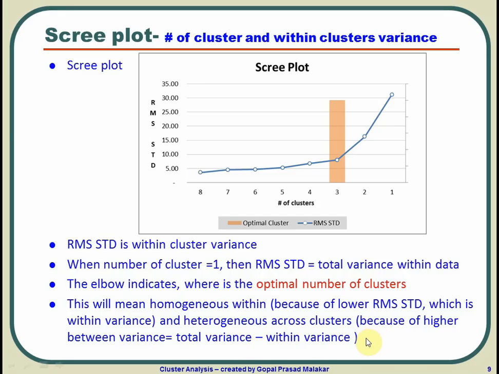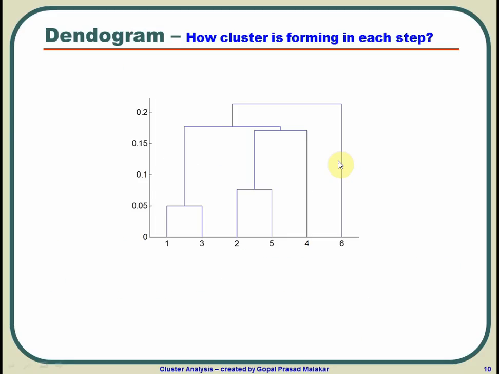So the point where you get the elbow when you are plotting within group variance, which is actually the sum of within group variance, where within each cluster you find the within cluster variance and then sum it up and put it here, that elbow point tells you the optimal number of clusters that you should take. That was all about the Scree plot.